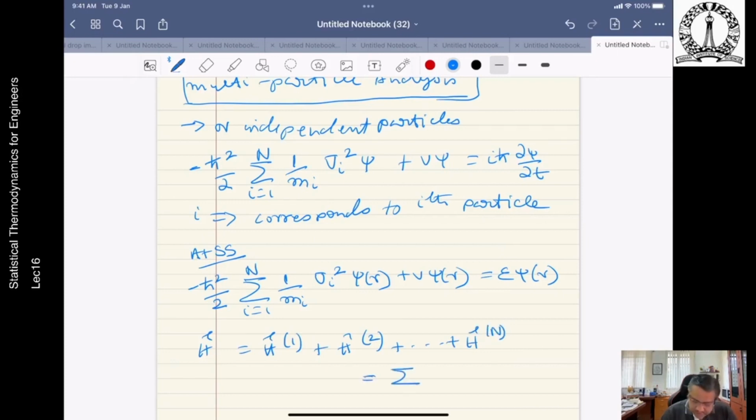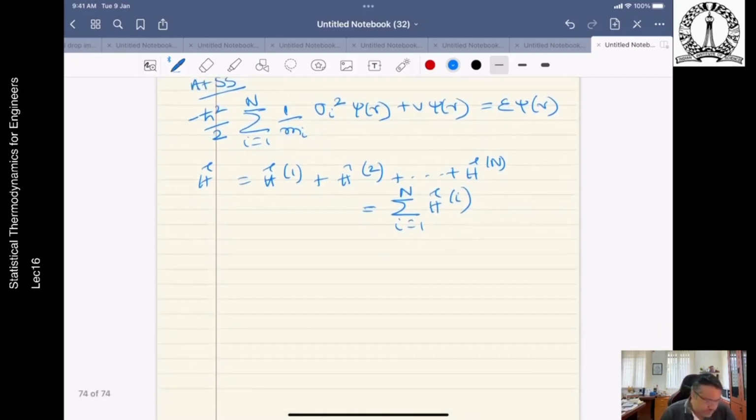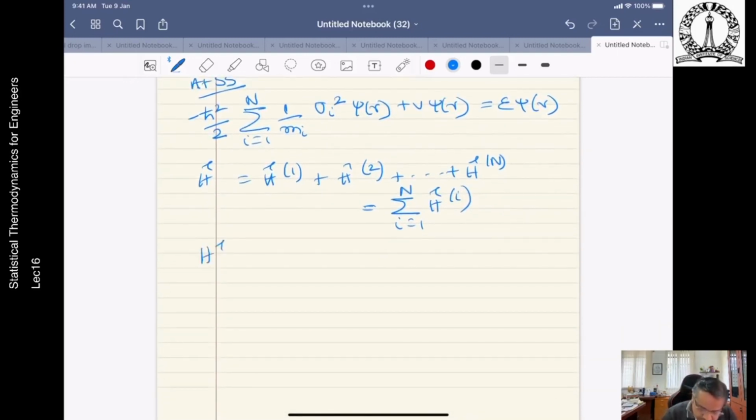It's basically the summation of all H hats, sum over i. So H i concerns only the coordinates of the ith particle.